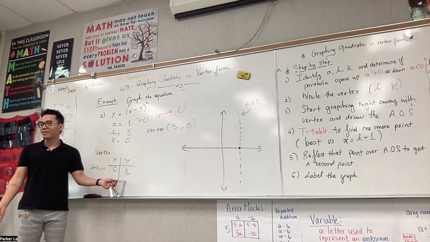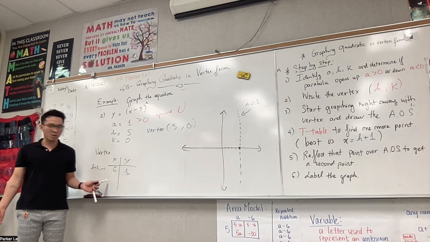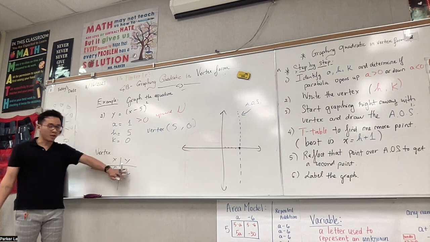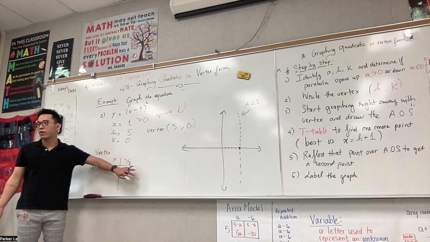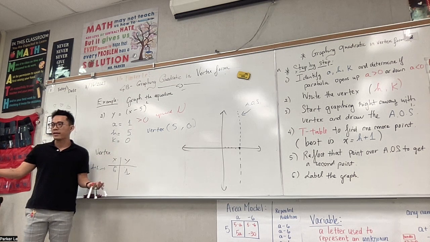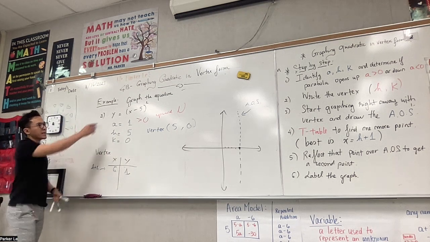Do you know why we chose this number? Okay. If you don't understand, don't worry. Just choose any one you like. You can even choose 0. You're going to get a big number, but it's fine. Whatever you plug in, now it's 0.